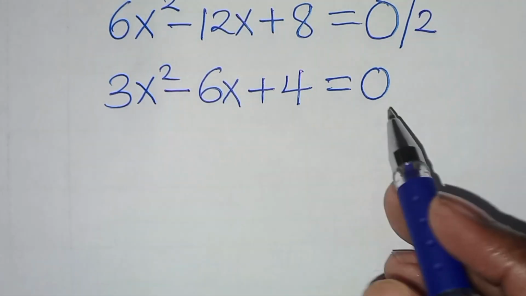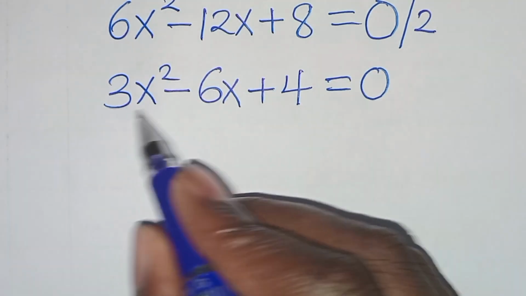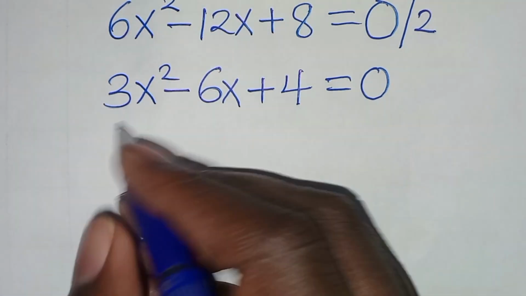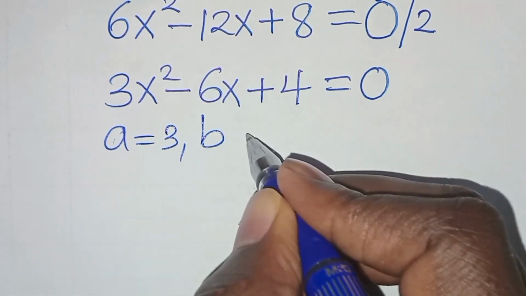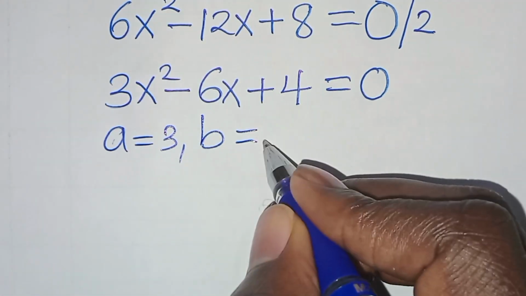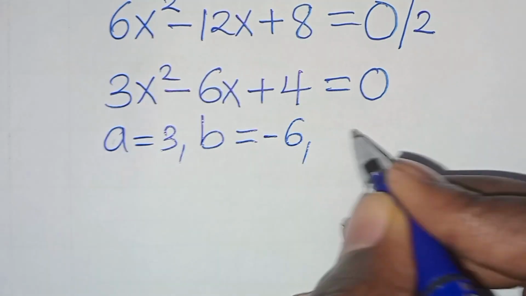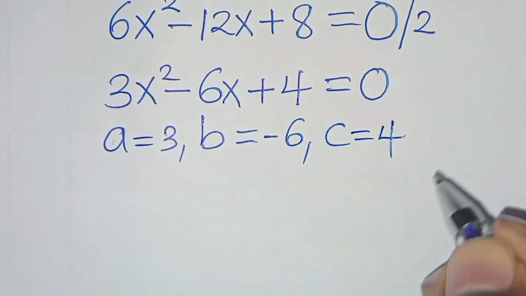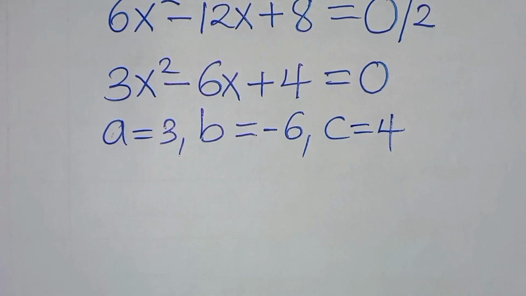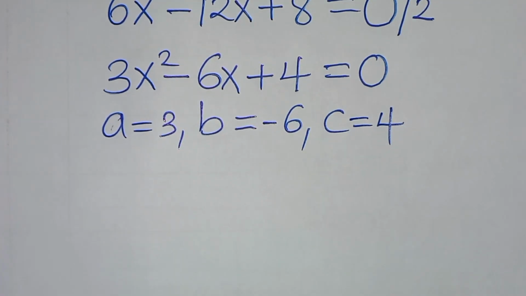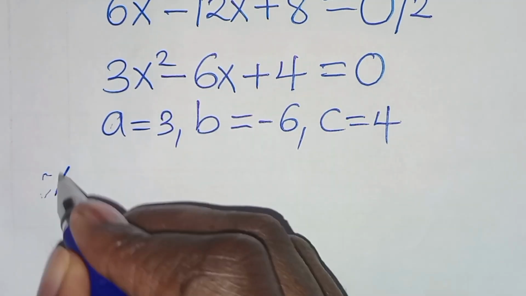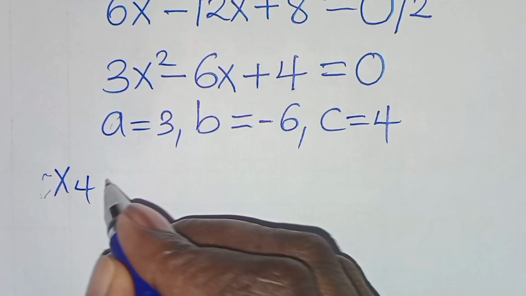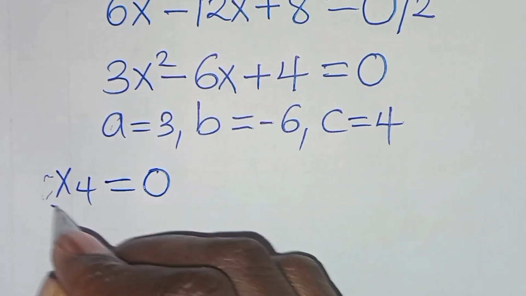Now, this implies that from here, this is a quadratic equation where a is equal to 3, b is equal to negative 6, and c is equal to 4. So from what we have here, you find that x4 is equal to 0.